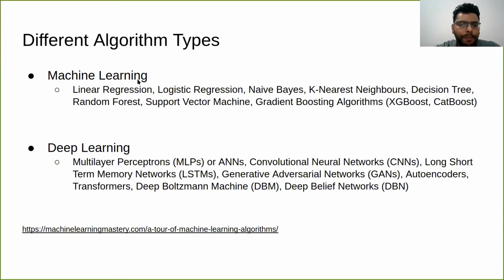Right now, machine learning and deep learning have different types of algorithms within themselves. For machine learning, for example, linear regression, logistic regression, naive Bayes, k nearest neighbors, random forest, support vector machine. These are the different models that come under machine learning, and we can use them for both classification and regression purposes.